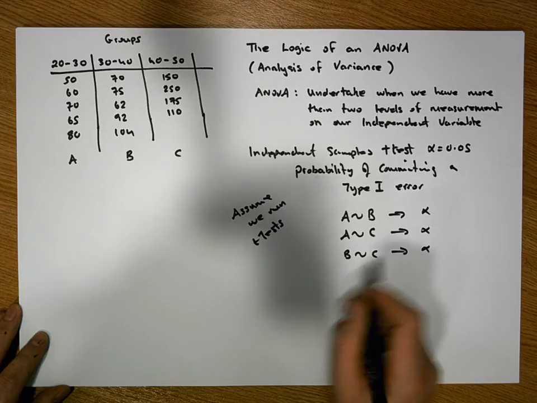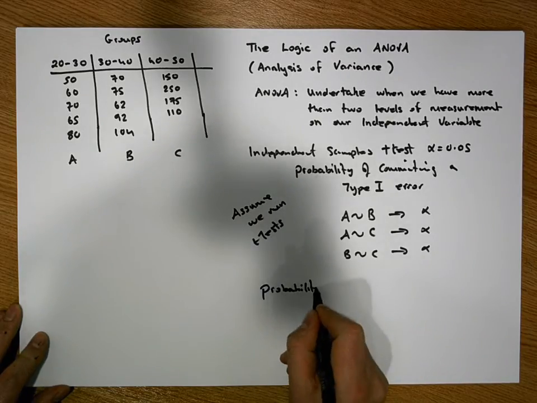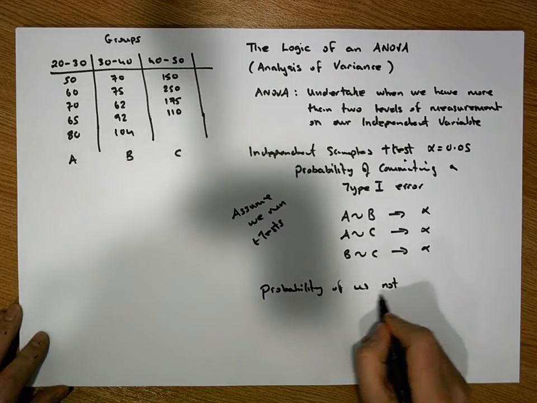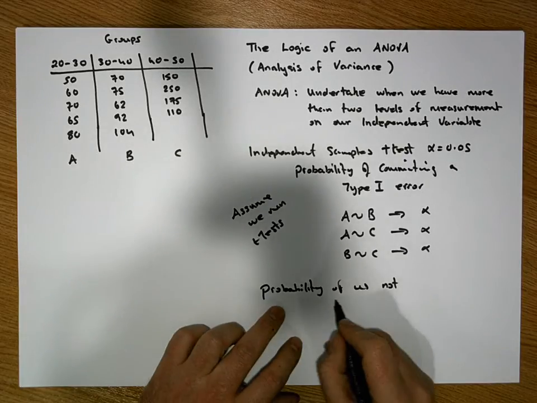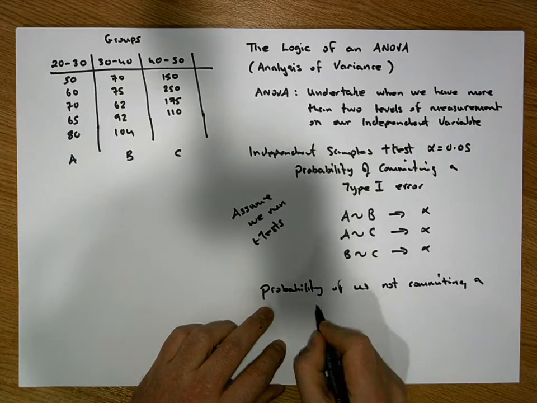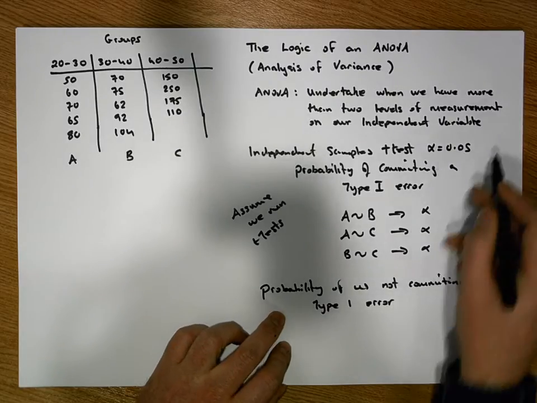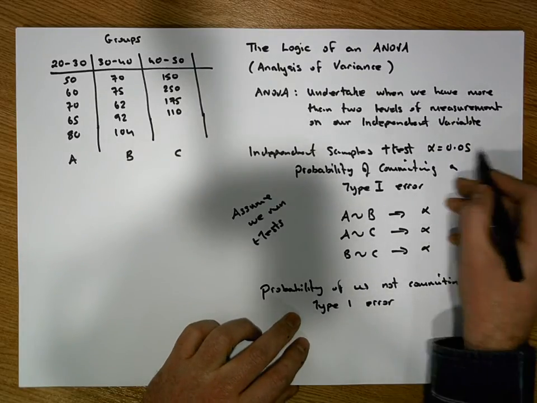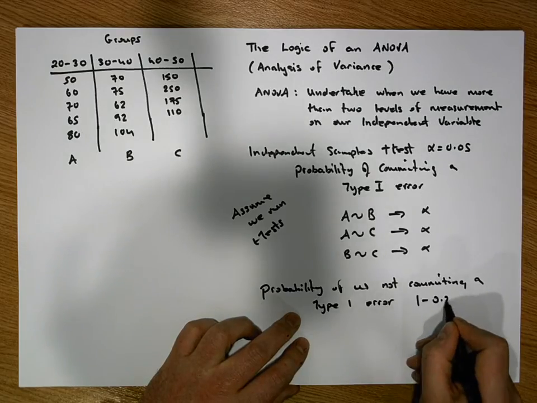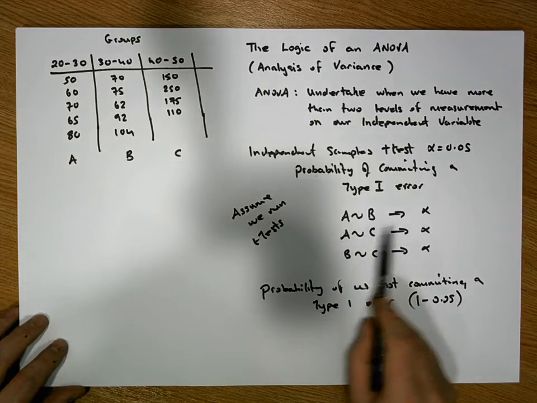So the probability of not rejecting the null, or not committing a type 1 error, is 1 minus 0.05. Let's assume in this particular case that we have 3 tests.